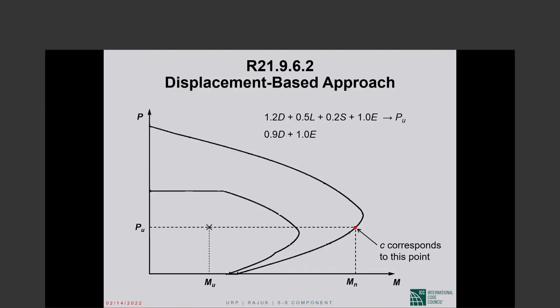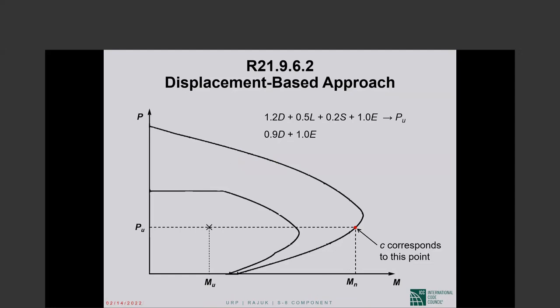What is the nominal moment strength at the base of the shear wall section? We get that from the nominal load moment interaction diagram of the shear wall section.